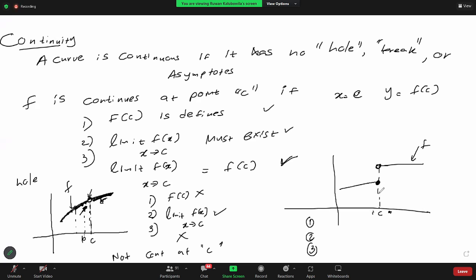See, at the c, you can find the value. Right? Using this portion of this curve, here it is the highlighted point. That means f(c) is defined, right? There is a value for f(c). So the first one is correct. That means true, right? Then check the second one.